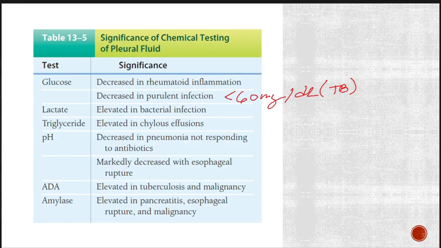We can see markedly decreased values of less than 6 pH when there is esophageal rupture, due to influx of gastric fluid.